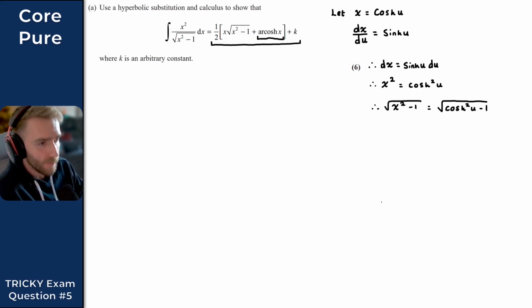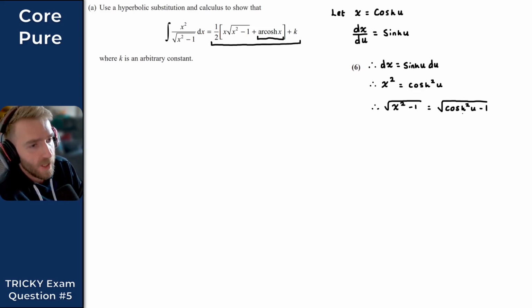On its own, this is useless, that does not help me at all. However, what you should hopefully recognize is that cosh squared u minus 1 is sinh squared u. It's one of our hyperbolic identities. So taking the square root of sinh squared u, we simply get sinh u.